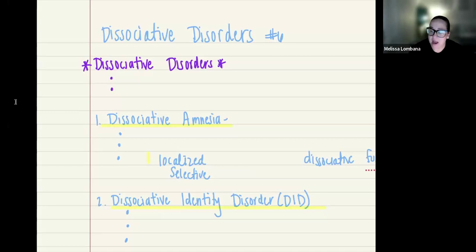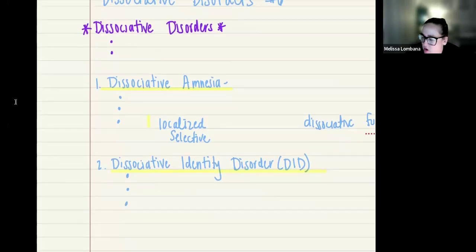And then sometimes they might even assume or develop a completely different identity, like a completely different person. This is not the same as dissociative identity disorder. Okay, it's just kind of like, I was once Melissa, now I'm just somebody completely different, because I don't remember who I was before.